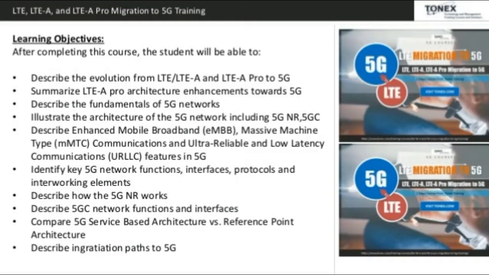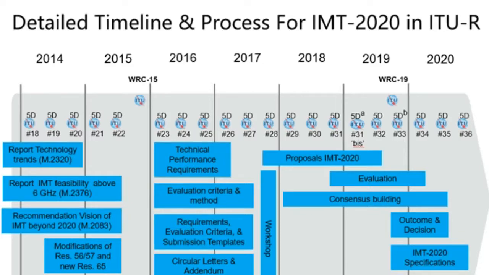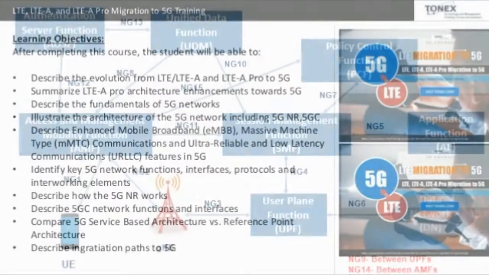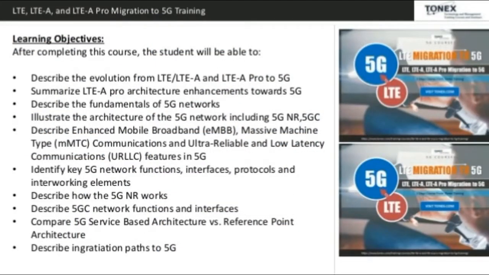Learning objectives. After completing this course, the student will be able to describe the evolution from LTE, LTE-A and LTE-A Pro to 5G, summarize LTE-A Pro architecture enhancements towards 5G, describe the fundamentals of 5G networks, illustrate the architecture of the 5G network including 5G NR, 5GC, describe enhanced mobile broadband, massive machine type, mMTC, communications and ultra-reliable and low-latency communications, features in 5G.